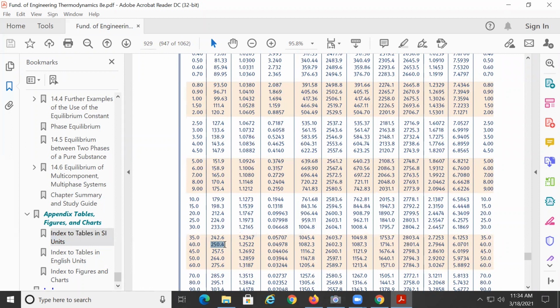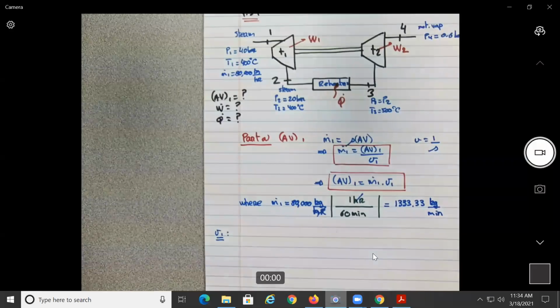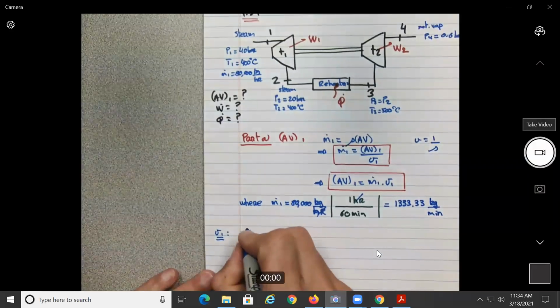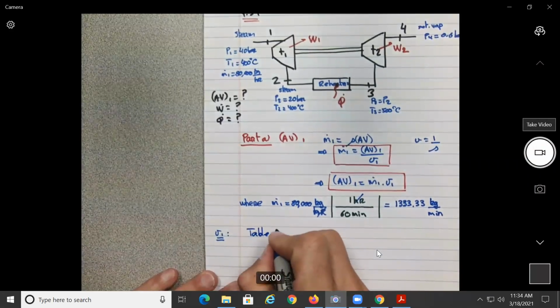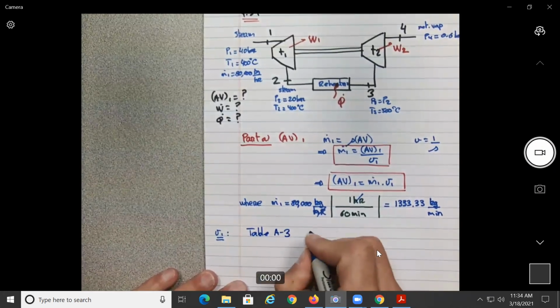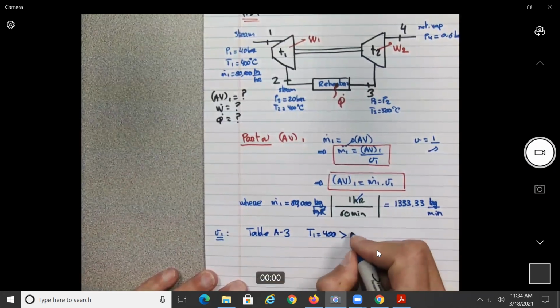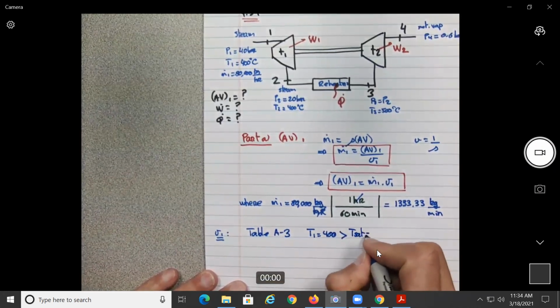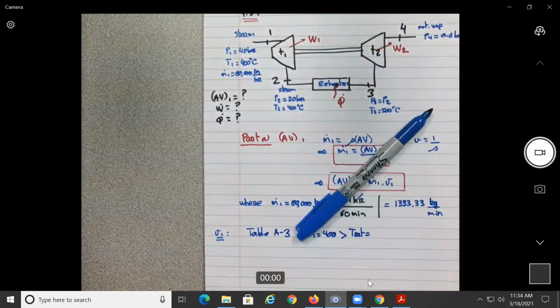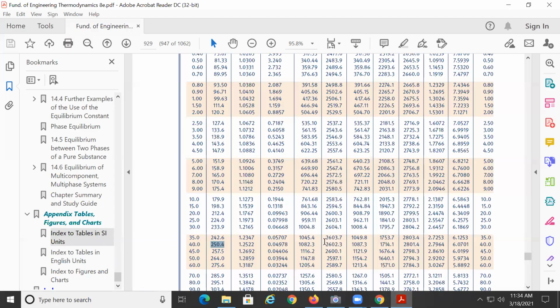So basically we can write over here, from table A3, you don't need to do that because the problem already tells us, but on the exam, I would like to see T1 equal 400, which is higher than the T saturation that is equal to 250.4 degrees Celsius at P equal 40.